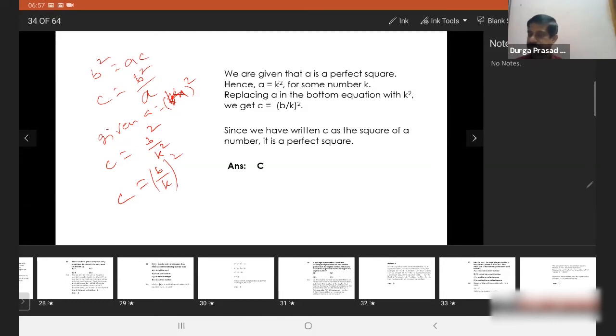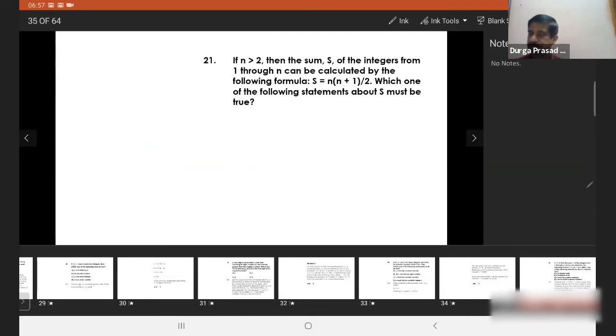Let's go to the next question. Now look at this. If n is greater than 2, then the sum S of the integers from 1 through n can be calculated by the following formula: S equal to n into n plus 1 by 2.